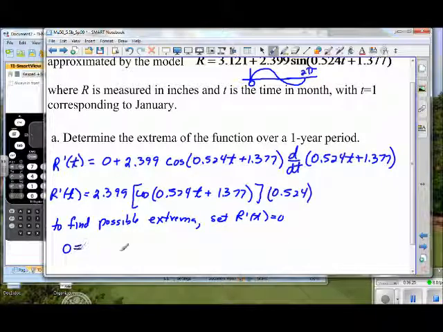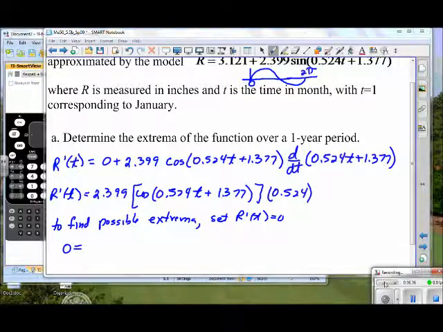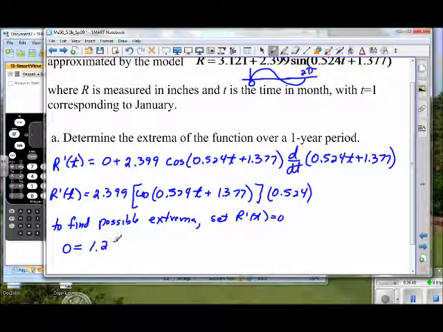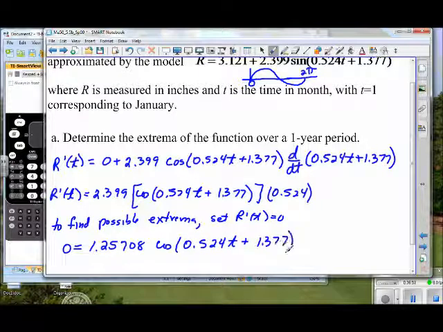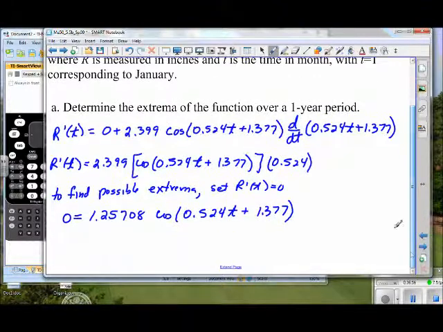So we have 0 equals, and I'm going to multiply these together and see what we've got here. I'm coming up with, and you can verify this, 1.25708 times the cosine of 0.524t plus 1.377. Now, if we're going to set that equal to 0, it really doesn't matter.